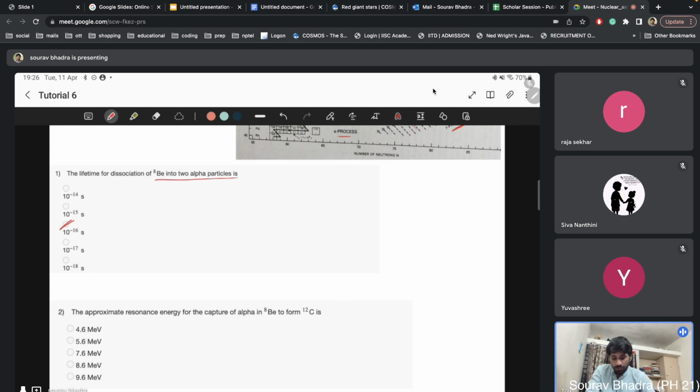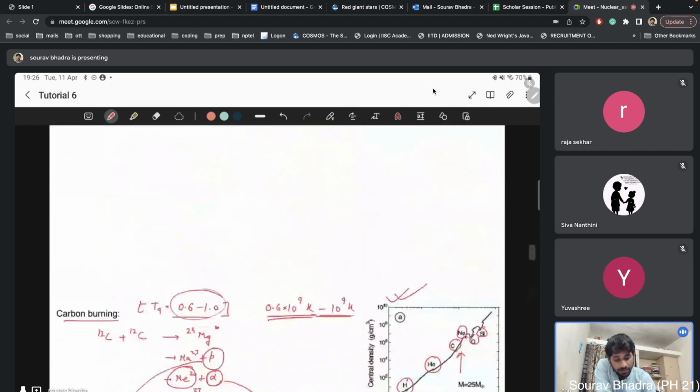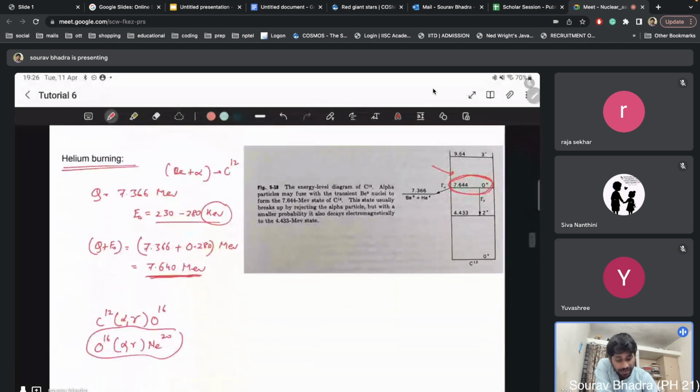Now, the approximate resonant energy for the capture of 8Be into 12C. I have told you again and again that this 8Be plus alpha to 12C reaction happens only due to the presence of the 7.644 MeV resonance state of carbon-12 with 0 plus spin parity.